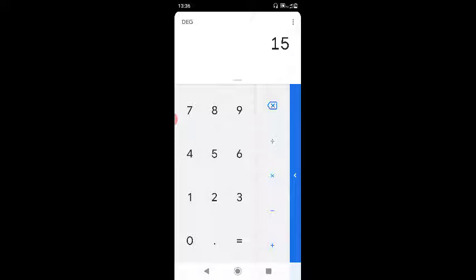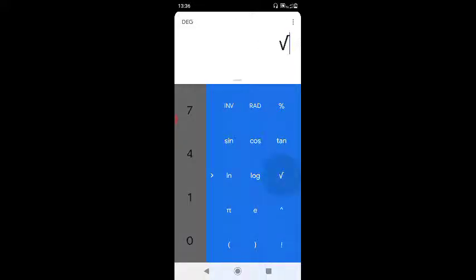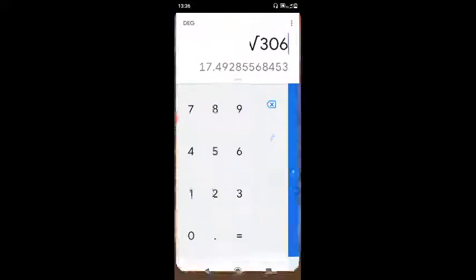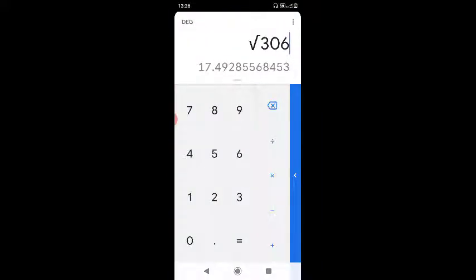15 square, 15 into 15, plus 9 square, 9 into 9, so 81. So 81 plus 225, 306. So root of 306 is 17.49.